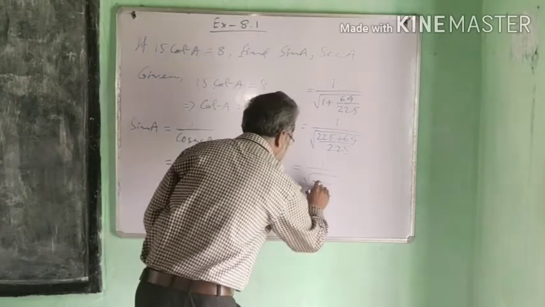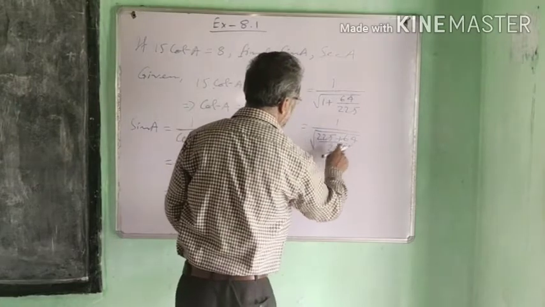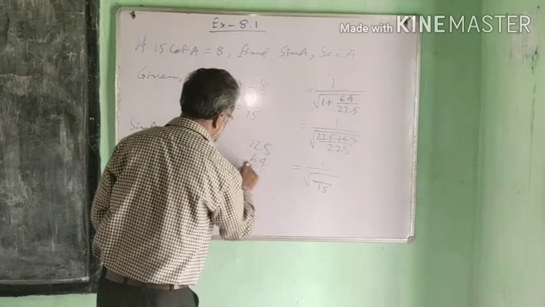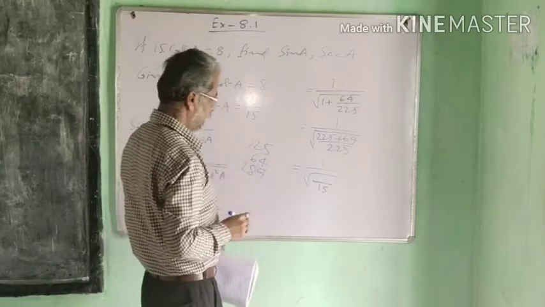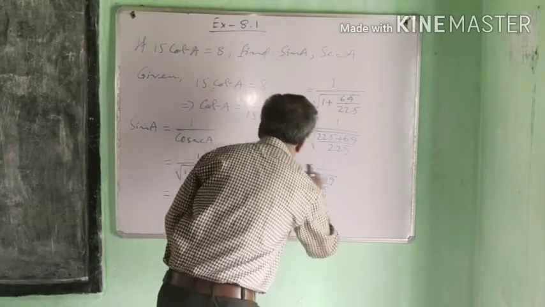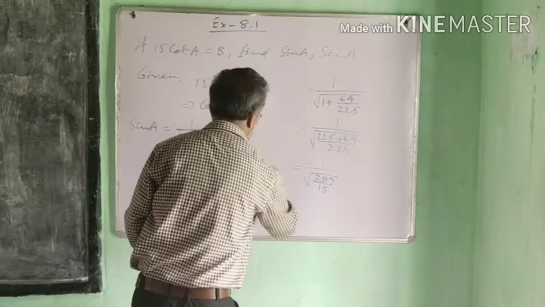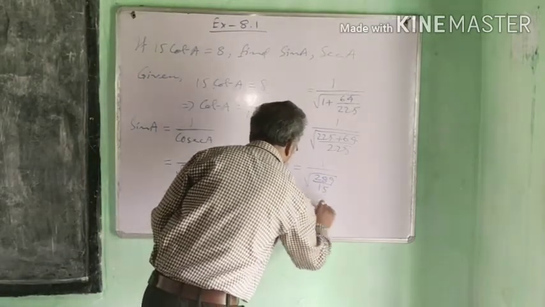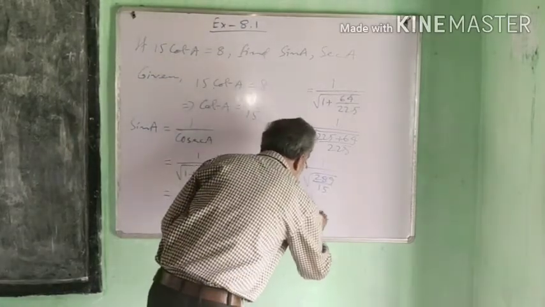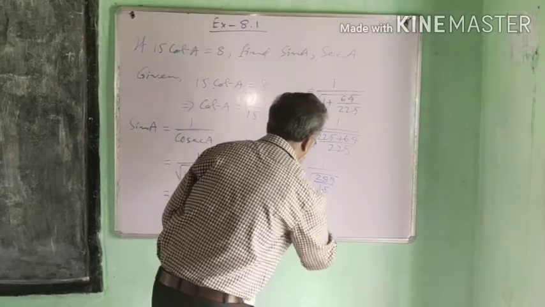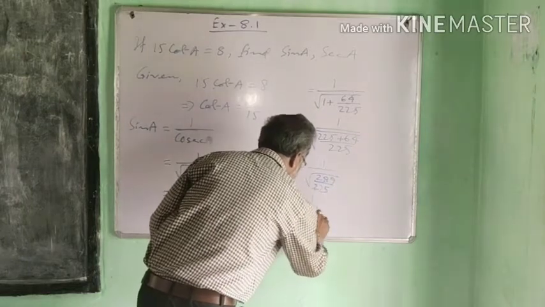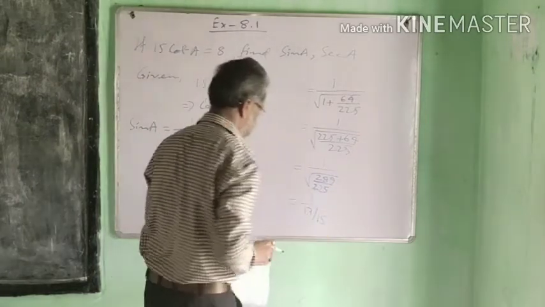Square root of 225 is 15. 225 plus 64 is 289, and ultimately we will get the square root. It is 1 by square root of 289, which is 17, and square root of 225 is 15.